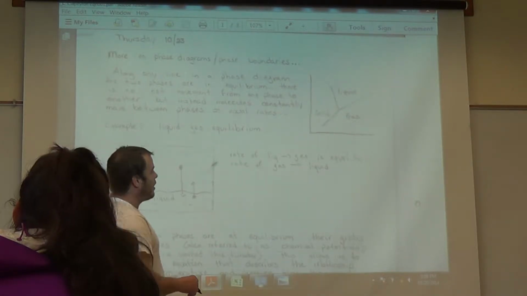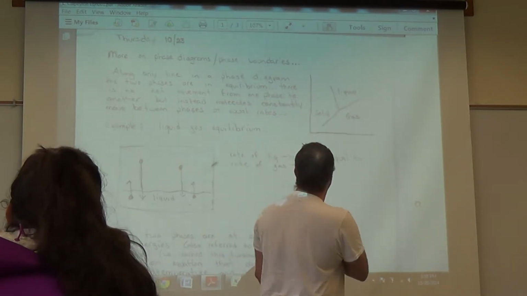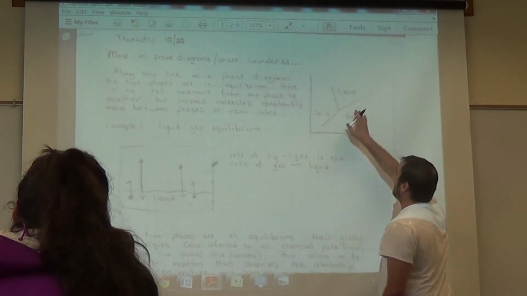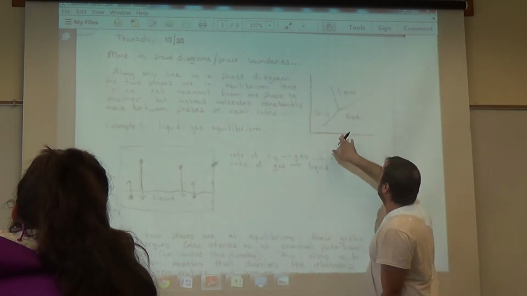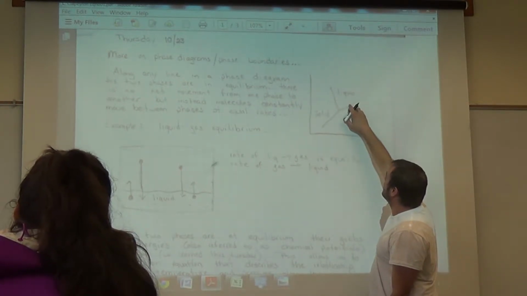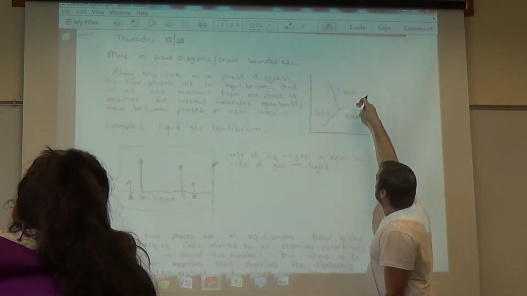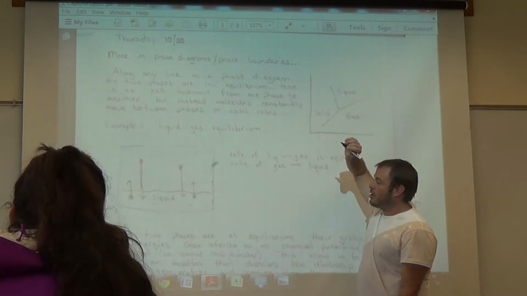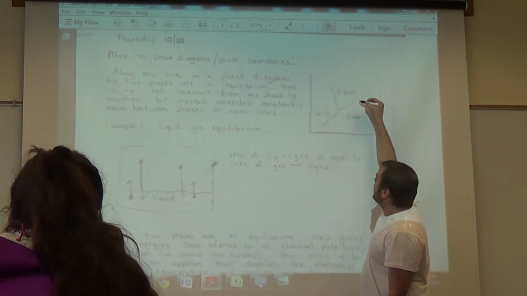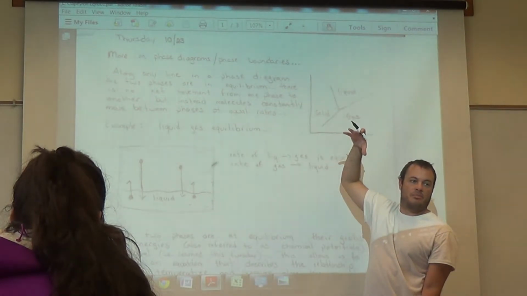Let's try to think of that in terms of our diagram here. I should have labeled this P and T. But if we're at a gas-liquid equilibrium value, and so we're at some point along this line, if we pull that piston back out, what happens to the pressure above the liquid?